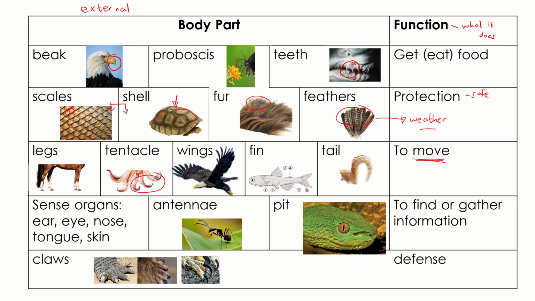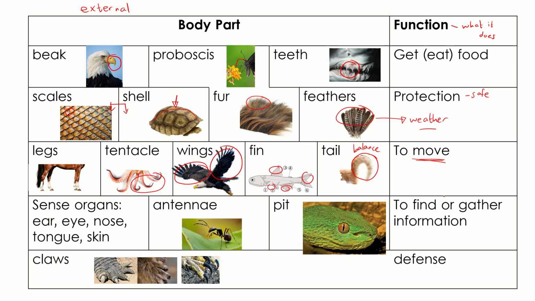The wings over here on the bird help it to fly. The fins, all of these things here, they are called fins. They help the fish to swim and move in the water. And the tail helps an animal to balance as it moves. These are all structures that help animals move in different ways.